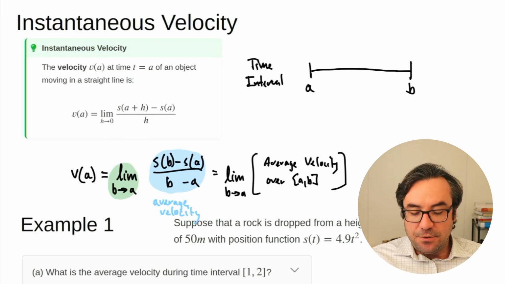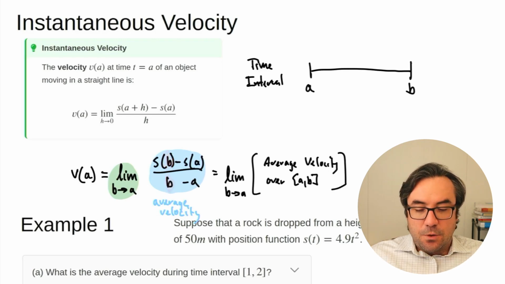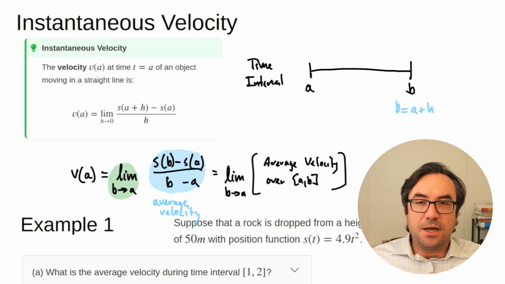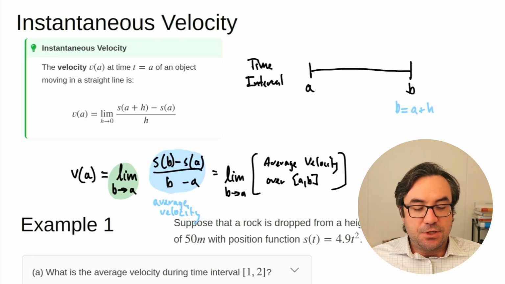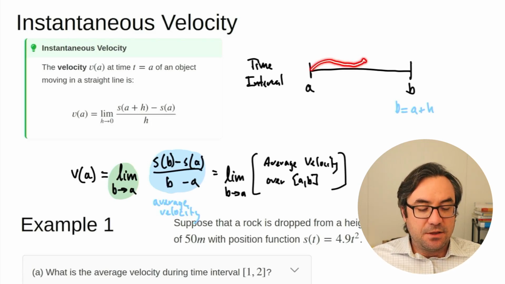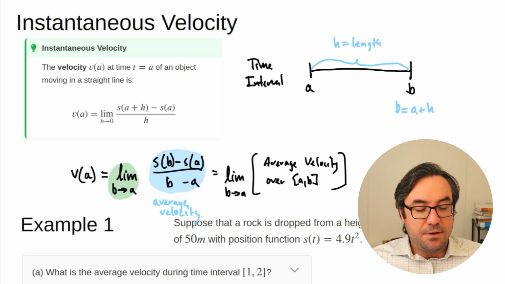So rather than using b, we're going to say b is equal to a plus h. So h represents the length of the time interval.